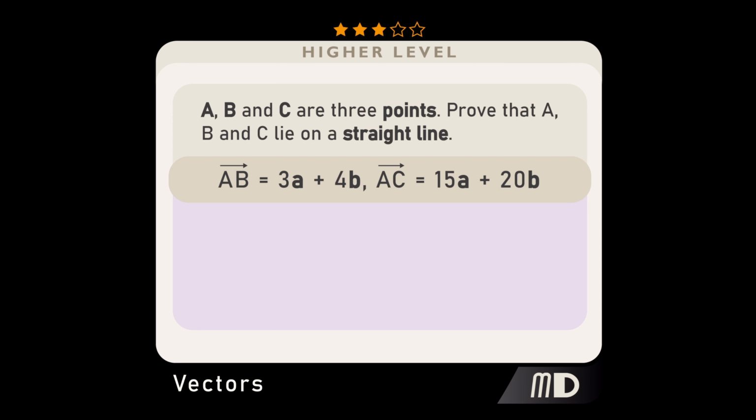Vector AB is equal to 3a plus 4b. And vector AC is equal to 15a plus 20b.